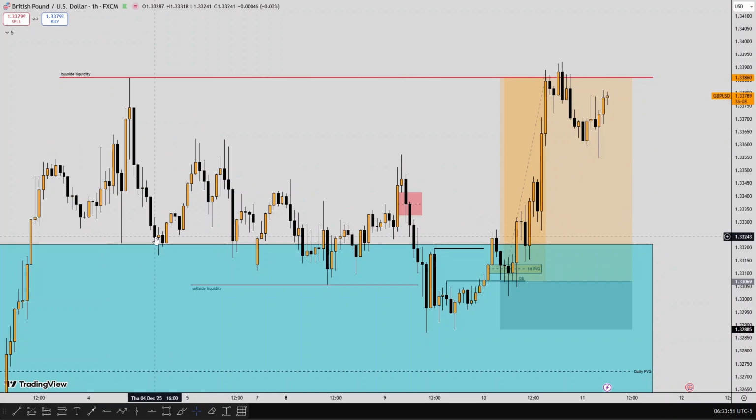When there is a high impact news on a weekly basis, the shift in structure prior to the high impact news, in most cases, I normally see that shift in structure a day before the high impact news or during the London session before the high impact news. Now, in this example, it was the FOMC, and on Wednesday, which we do know that was the day they do announce their federal funds rates.